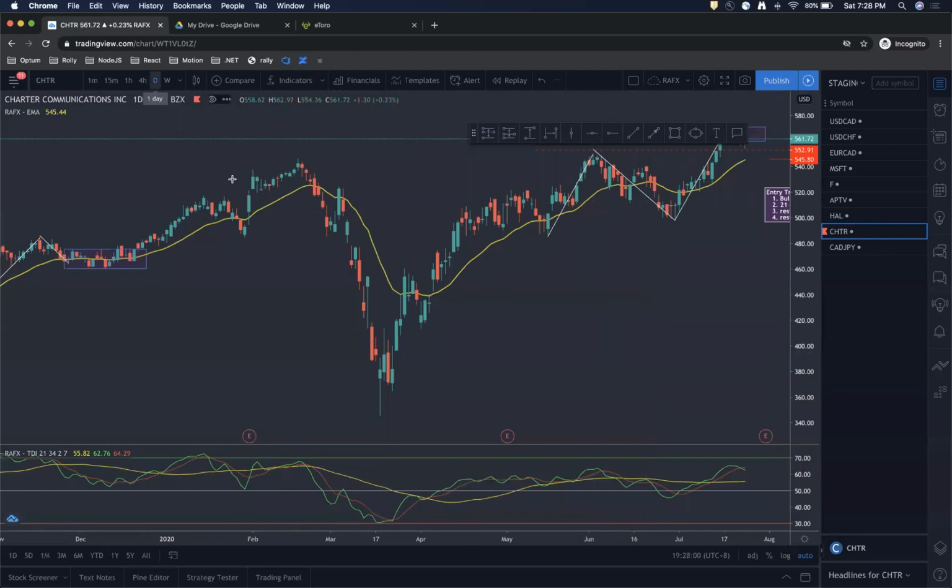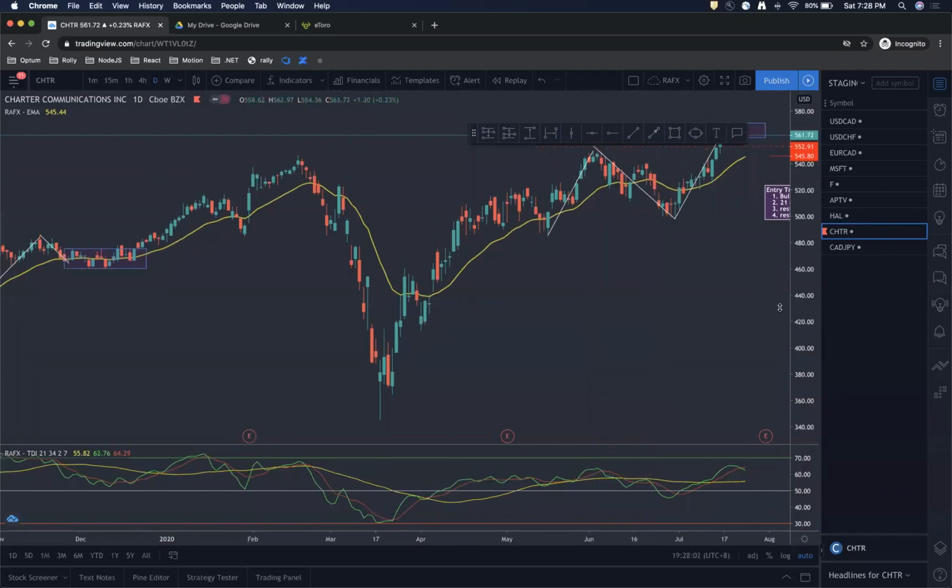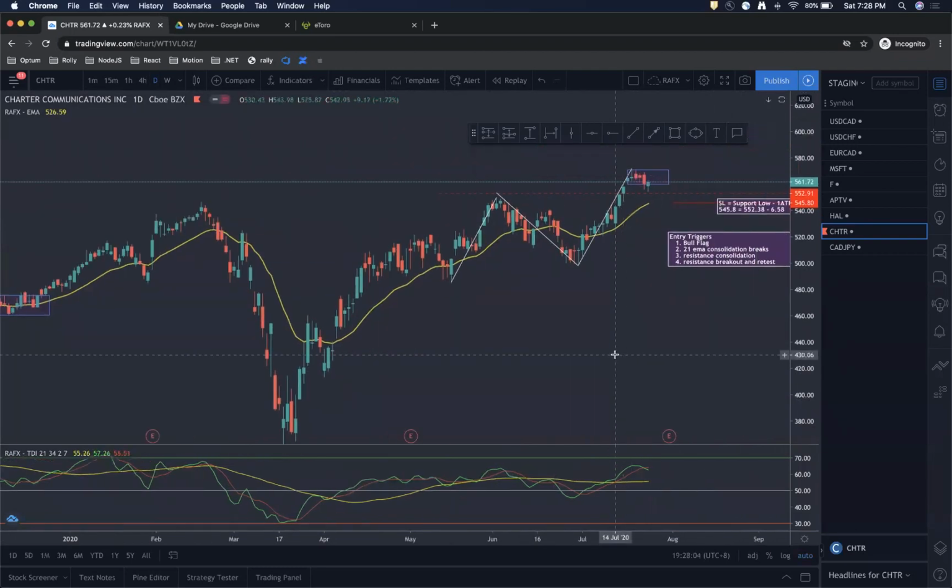So let's say this example. We are in the 1D time frame, right? Anyway, this is one swing. The basic of swing is you have this swing high, this swing low, and then basically the resistance becomes the support, right?